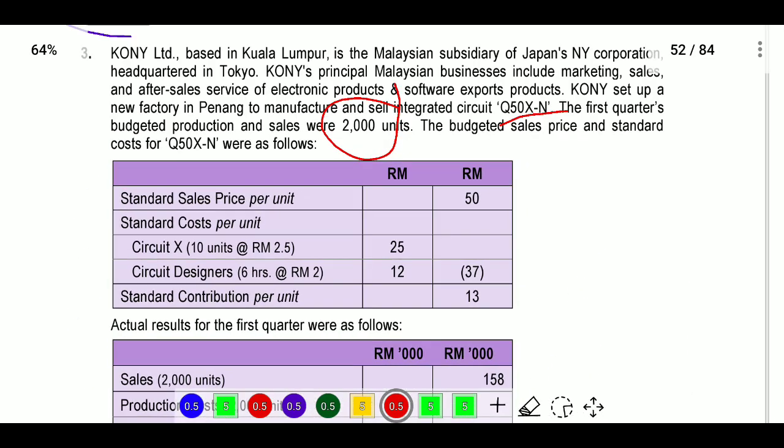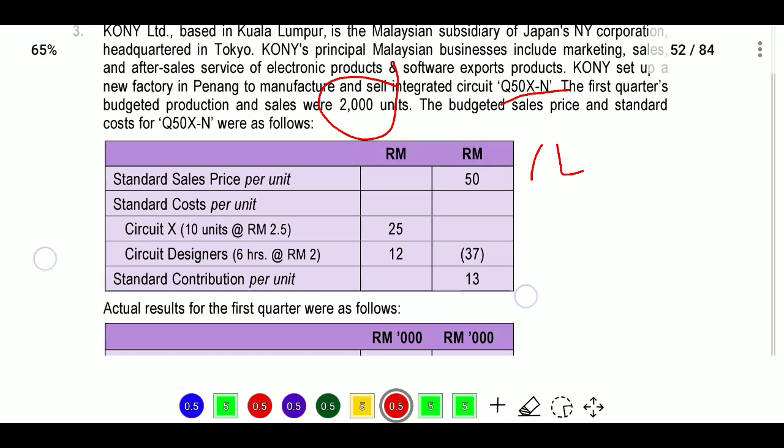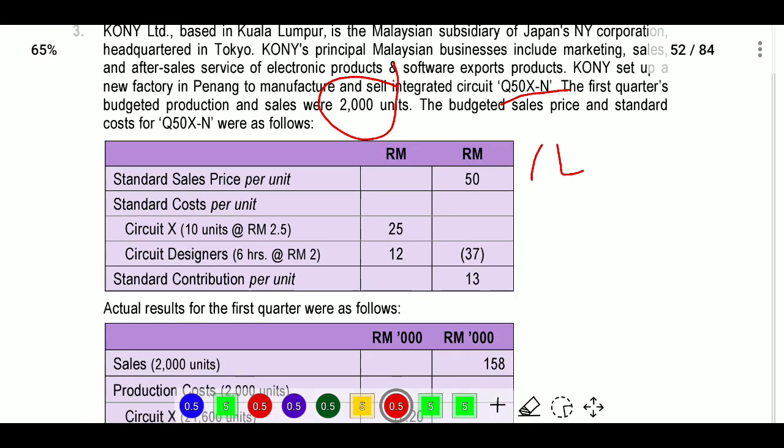Sales units into selling price, 2000 into 50 rupees, means we will get 1 lakh here. Next, the standard cost they provided: circuits X units into 4.5.